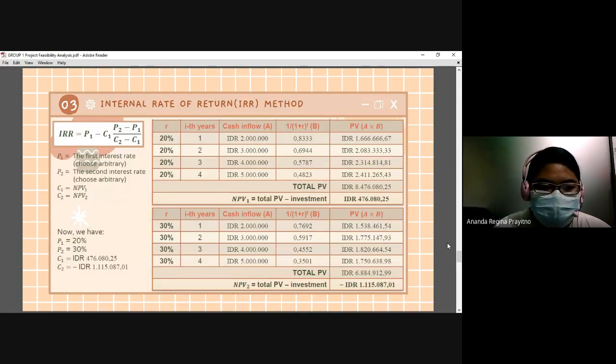This is for the internal rate of return method. We choose arbitrarily, the same as before. The first interest rate is 20% and the second is 30%.